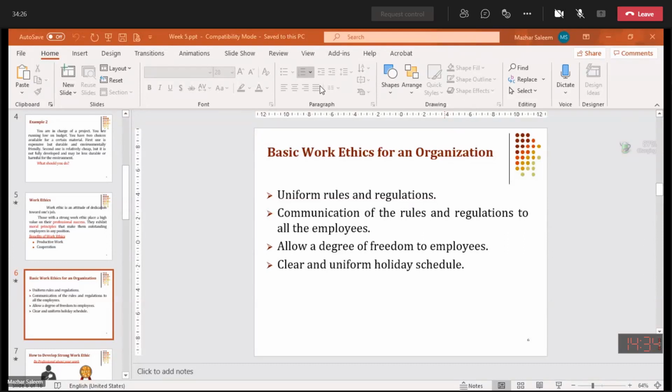Actually, that comes from the employee's perspective, right? It's not from the organization end, rather it is from the employees' end. And that's something that we are going to discuss next: what are our responsibilities as an employee in order to develop good work ethic in our organization. So let's move to that.